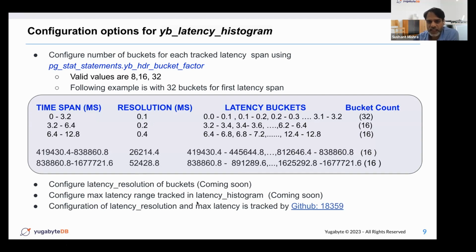And the last configuration is the max latency range. As we talked about, the max latency range we are planning to track is around 28 minutes, and we are also planning to make that configurable. So if some users want to increase that to a higher value, they can do that once that is available. Both of these changes are tracked by this GitHub issue, and will be available in some future releases.